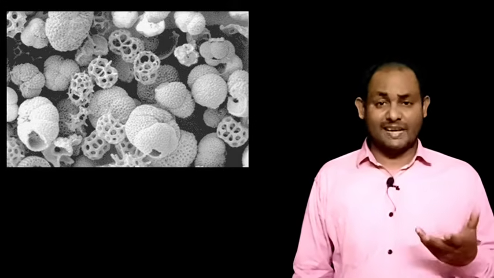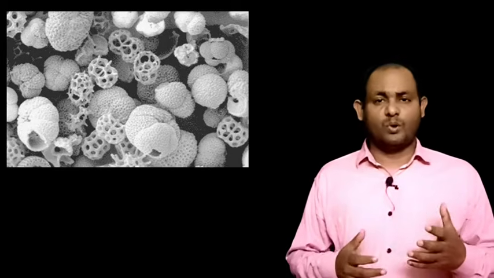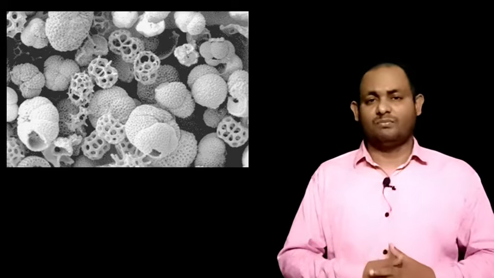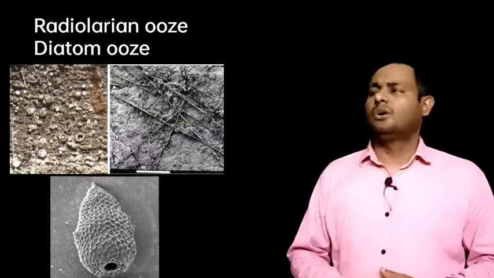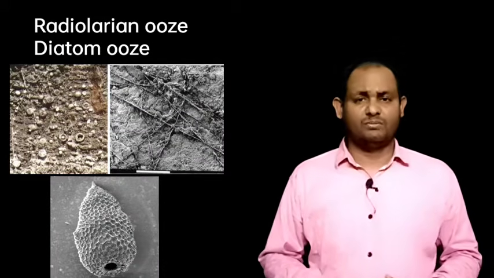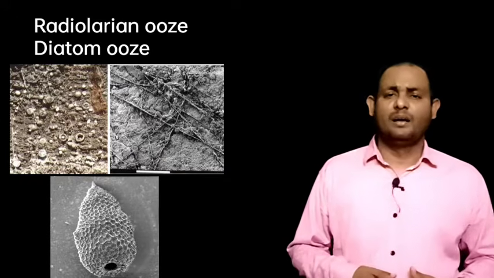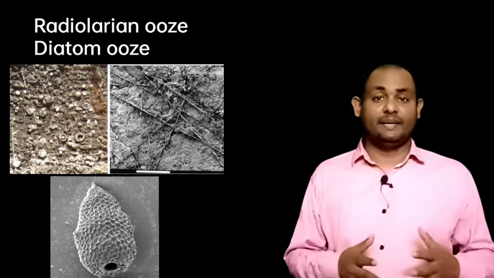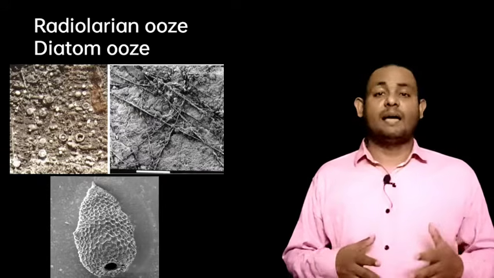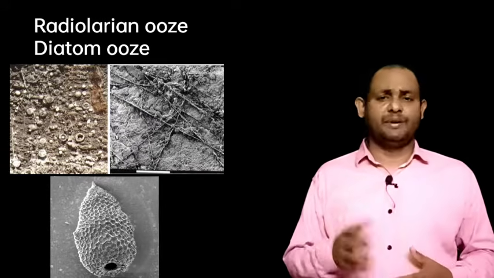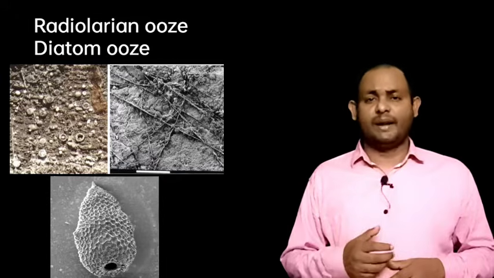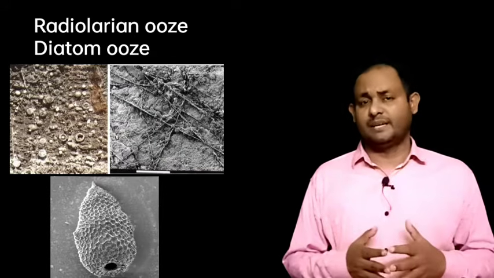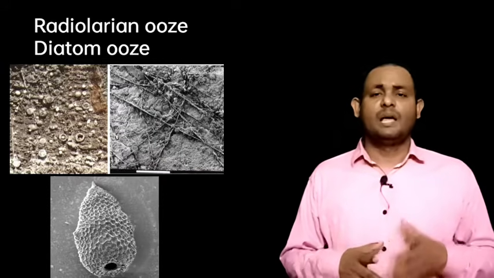This group is further divided into two broad types based on the organism: radiolarian ooze and diatom ooze. Radiolarian ooze is formed by the cells of radiolarians, and it is a gray powder where silica predominates, but calcium carbonate is also present, from 5 to 20 percent with an average of 4 percent.